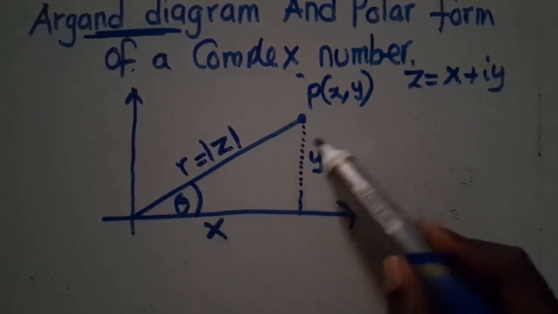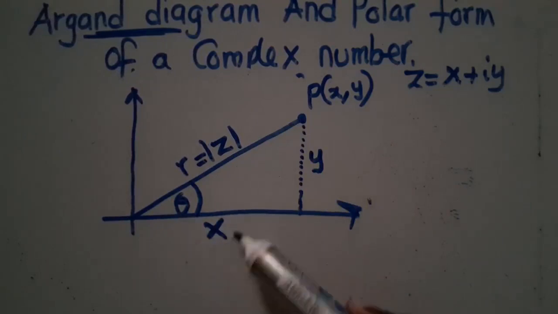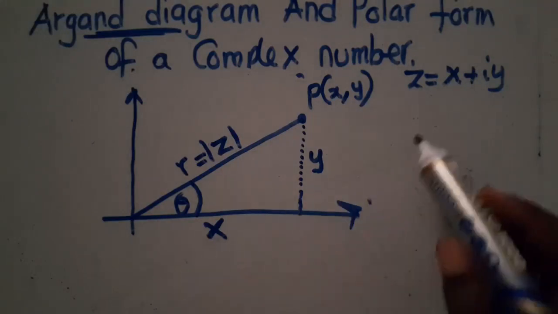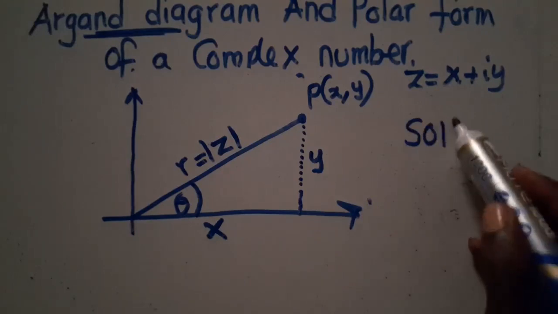So we've got this part. We also have this part. So if we remember trigonometric ratios during our secondary level, when we were doing O levels, we know that there is what we call SOHCAHTOA.